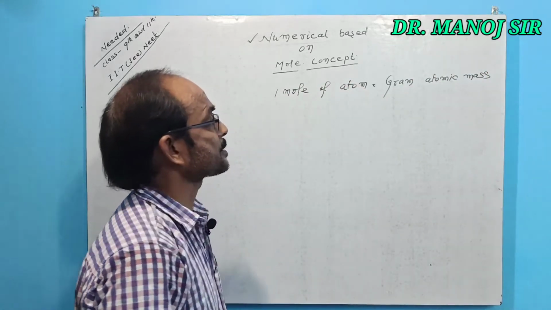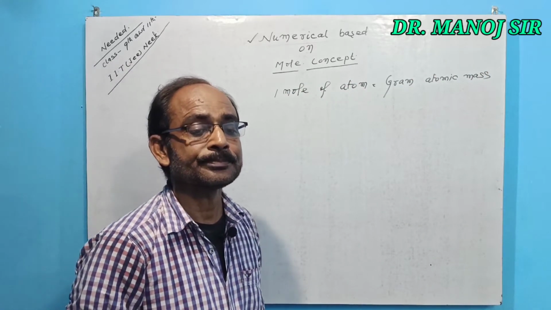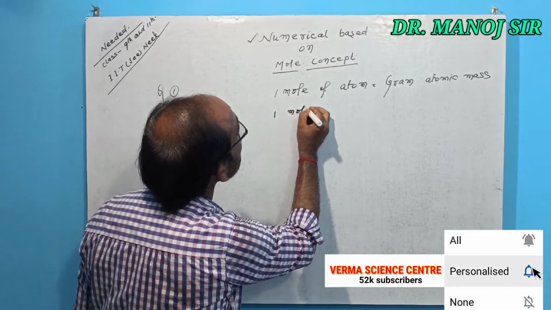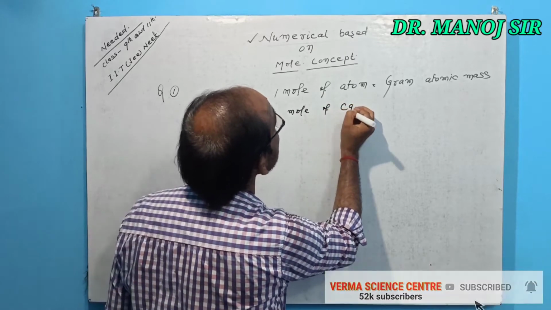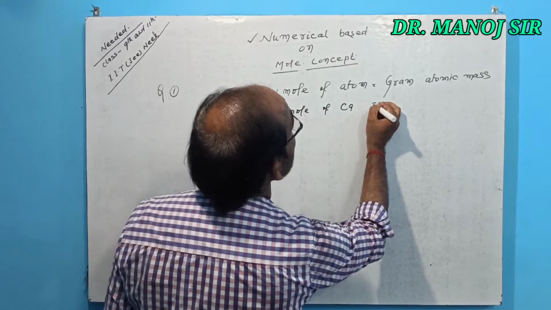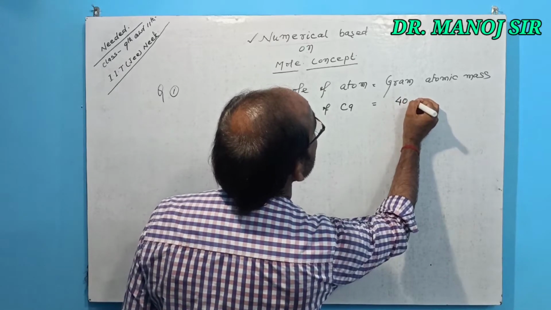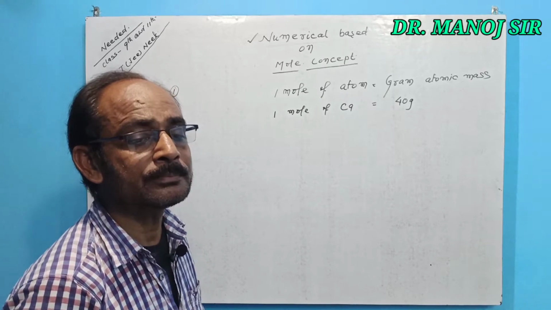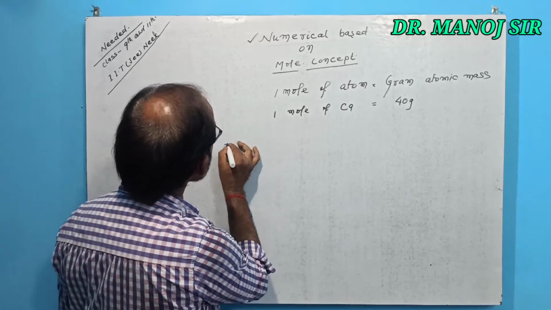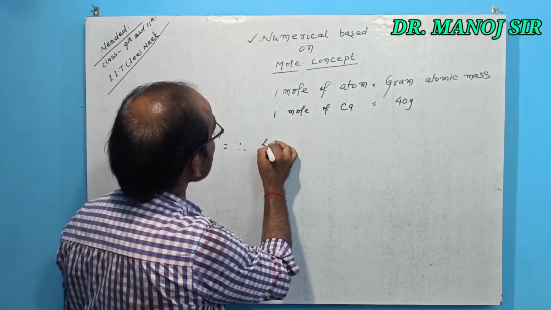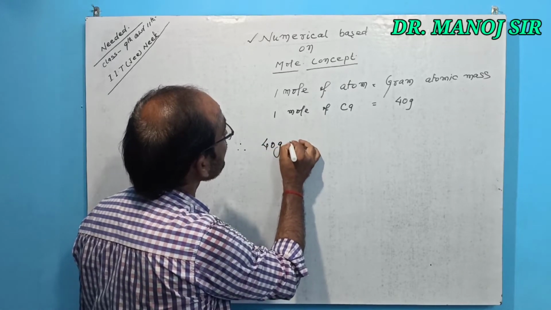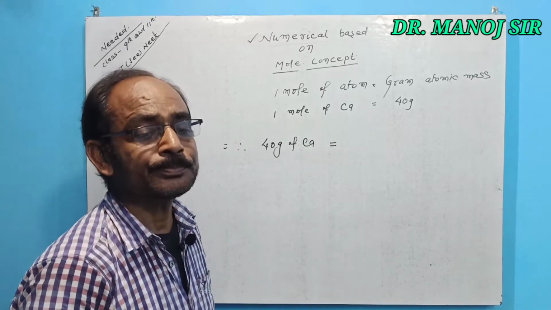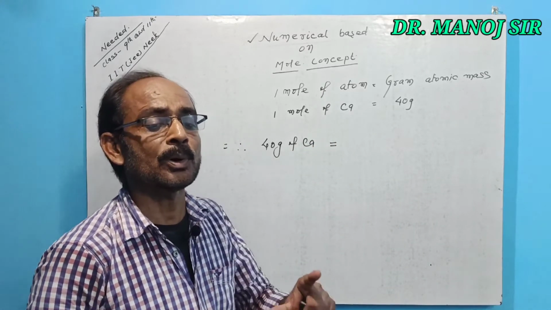Gram atomic mass: 1 mole of Ca equal to 40 gram. Therefore, 40 gram of calcium equal to 1 mole of calcium.